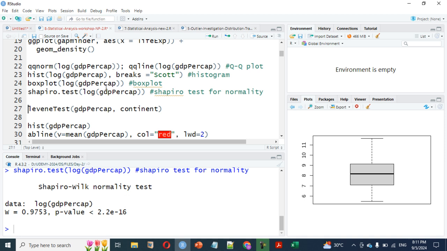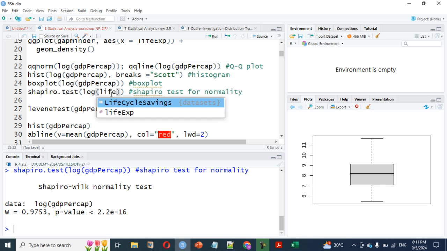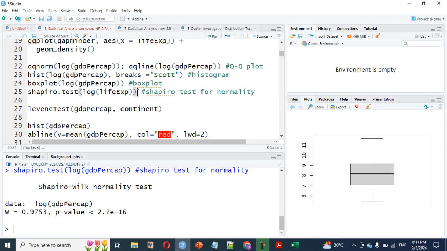So let's put life expectancy here too and see. Also the same, they are both significant, which means the assumption of normality is not valid.